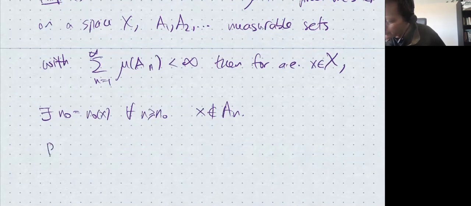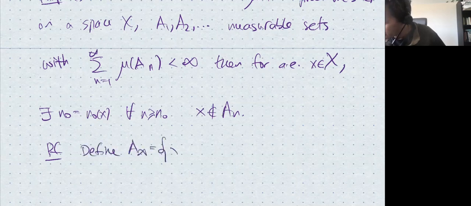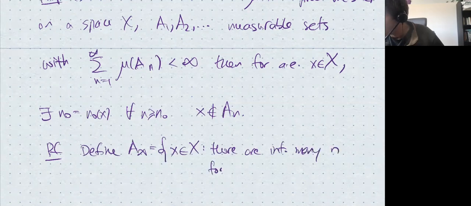Proof. Let's talk about the complementary set. So the set of x's which don't satisfy this condition. So define A infinity to be the set of x in X so that there are infinitely many n for which x belongs to An.